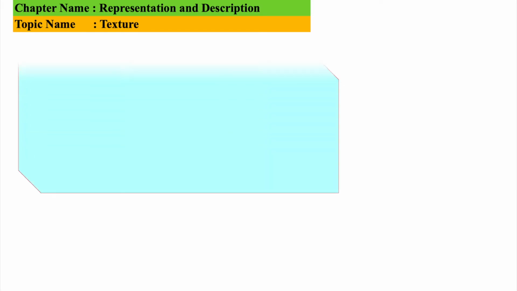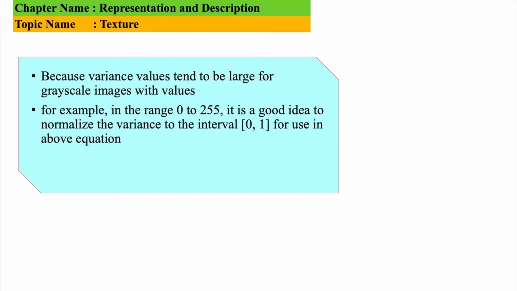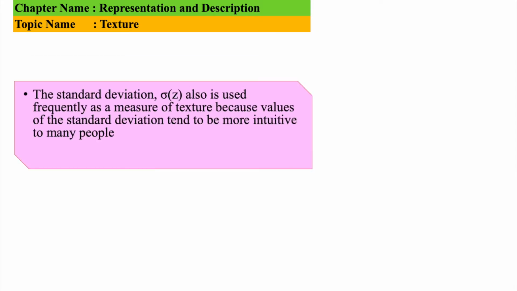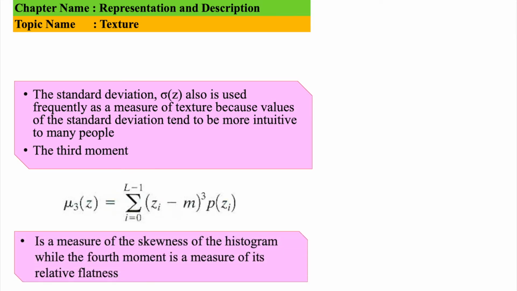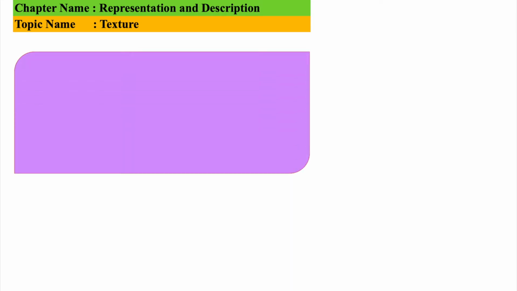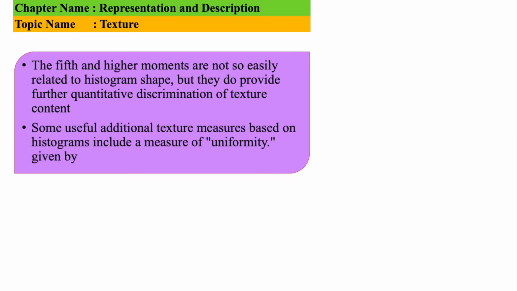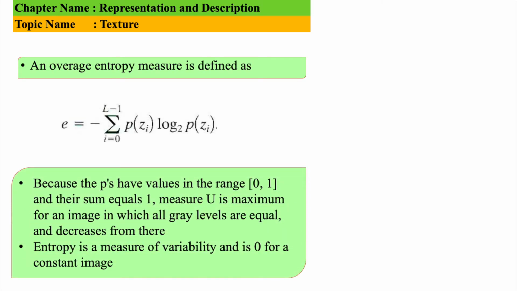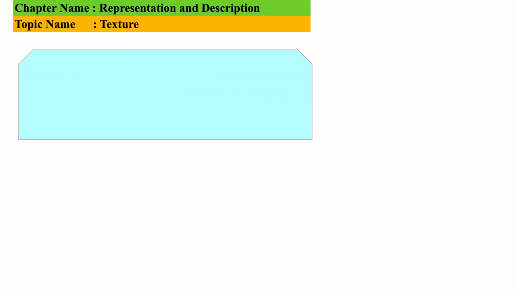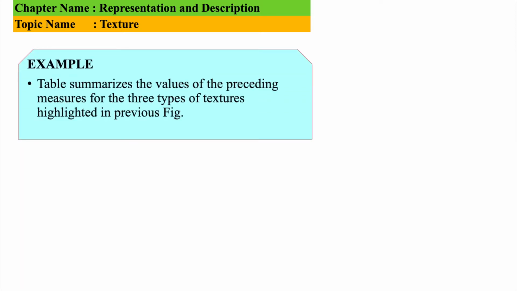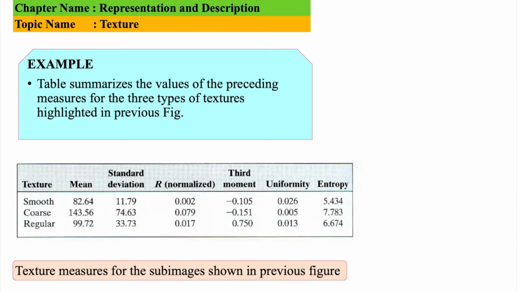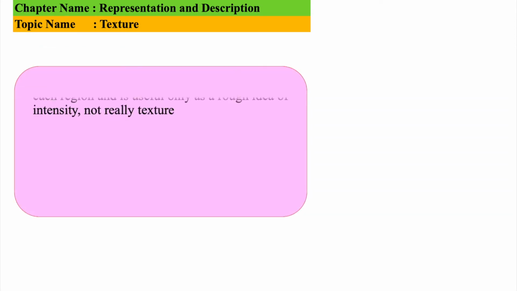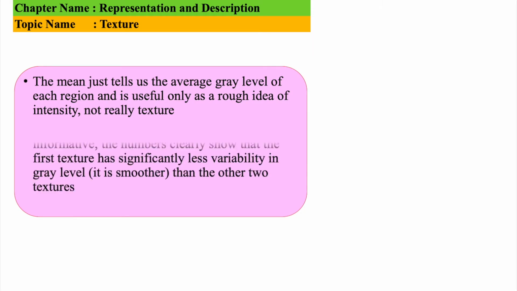Now a set of descriptors useful for this purpose includes the following. First, we have the maximum probability, given as the maximum operation with i comma j as the variables operated over C suffix ij. Second is the element difference moment of order small k, computed as the two summation operations, one over i and one over j, of i minus j to the power k multiplied by C suffix ij.